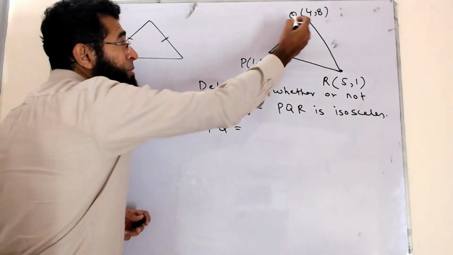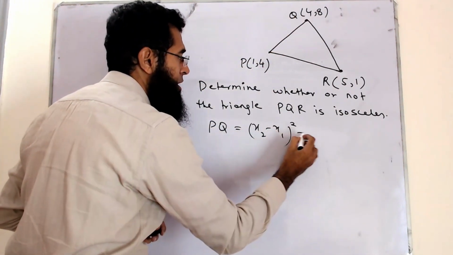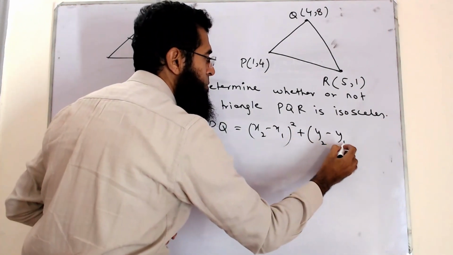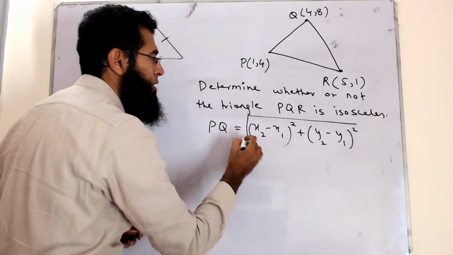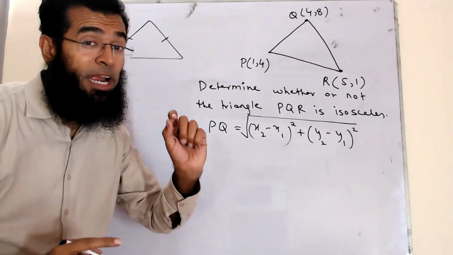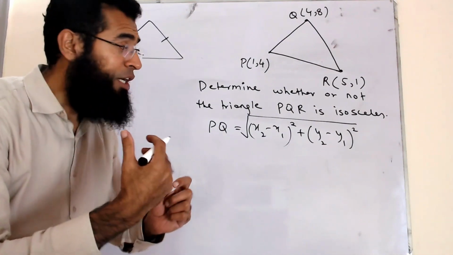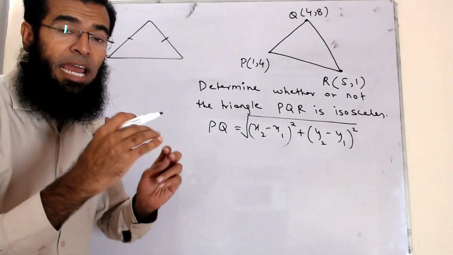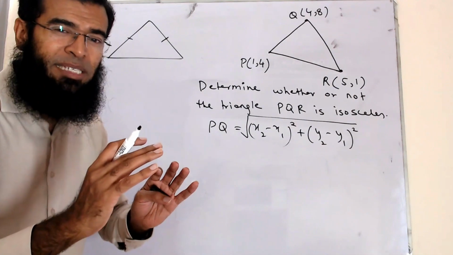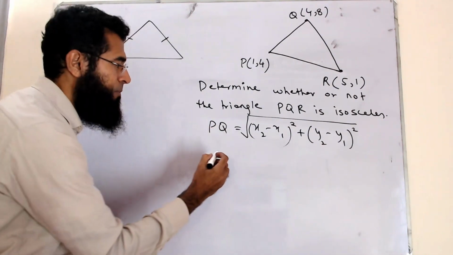So apply the distance formula, x2 minus x1 whole square plus y2 minus y1 whole square whole under root. Please don't forget to write the formulas first, because then the working becomes very clear, and the chances of making mistakes are really minimal. We just need to plug in the values.